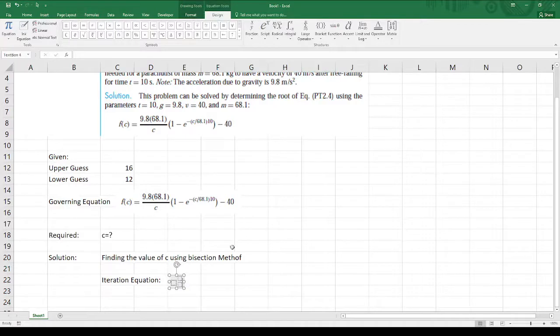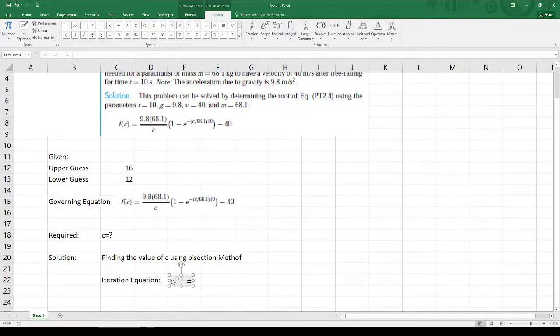So let's just say your C, since you are using C variable R, and you are iterating, so taking the new value of your C, that should be I plus 1. For a start, your I should be equal to 0.